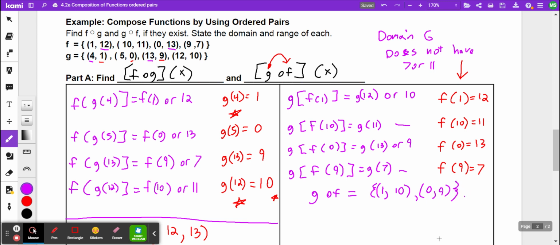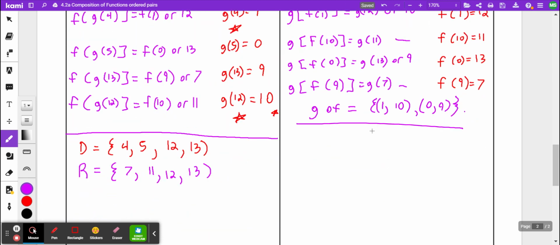So we can talk about the domain. The domain of this one, there's only 2 values that will work right here. So the domain for this is not all 4. The domain will equal the subset of 0 and 1. And the range for this one is only 2 numbers as well. It will be 9 and 10.